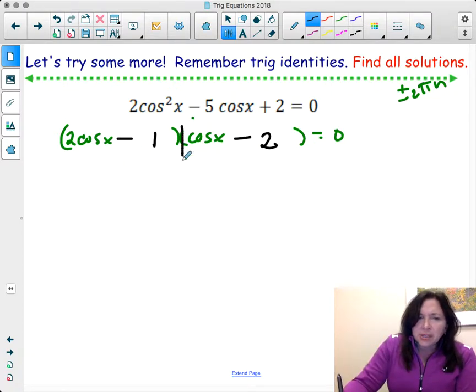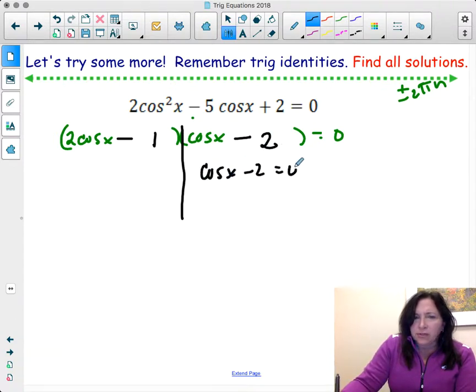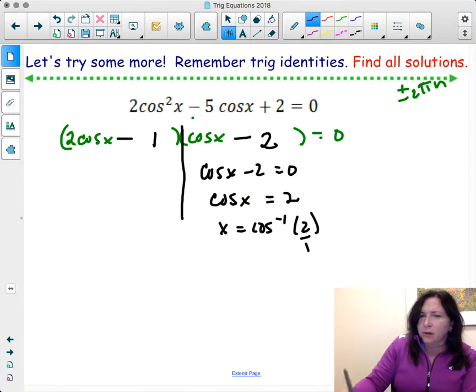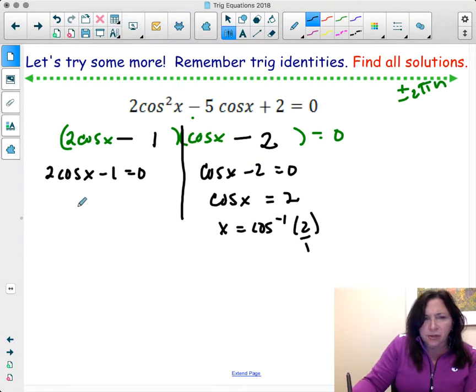I'm going to split this up, and I'm going to go, well, cosine of x minus 2 equals 0. Cosine of x equals 2. X equals arc cosine of 2. Remember, that's like 2 over 1. This one is going to be 2 cosine of x minus 1 equals 0. 2 cosine of x equals 1.